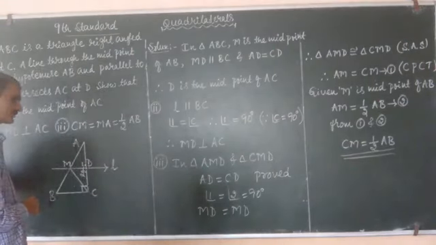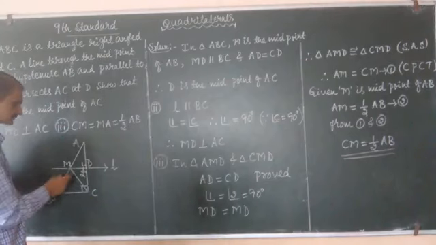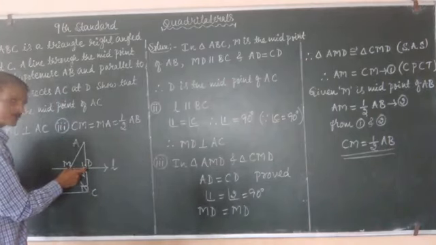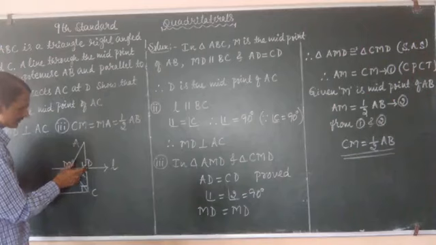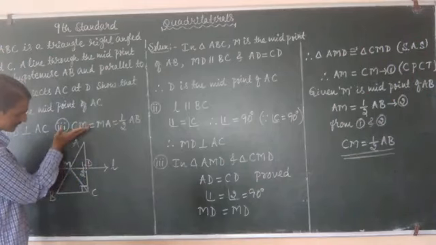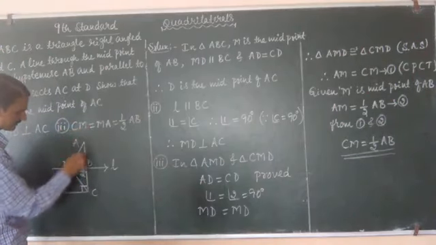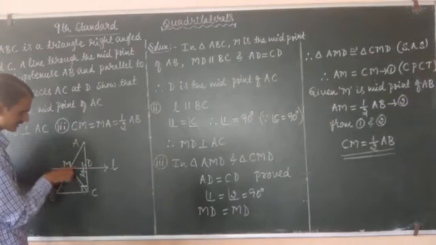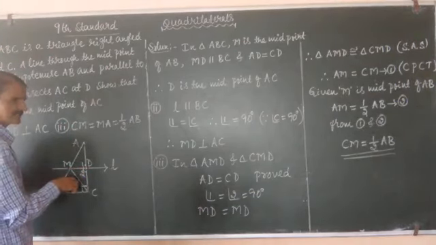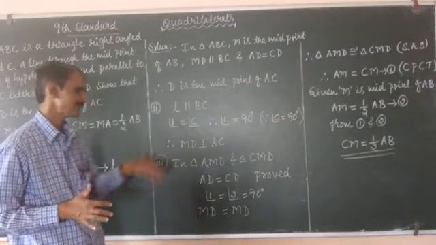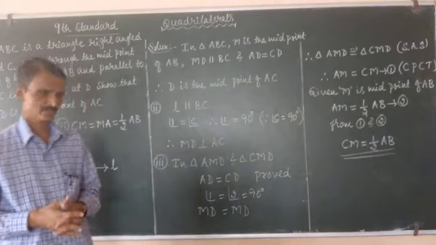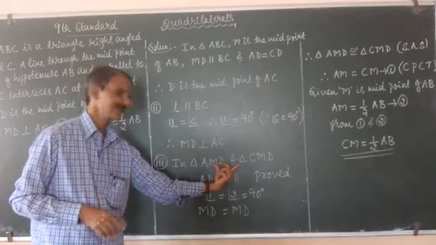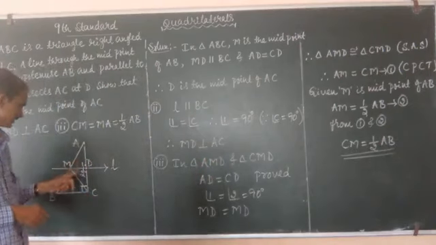Also we know that MD is a common side. MD is common for triangle AMD, and also for triangle CMD. Therefore, by the SAS axiom, these two triangles are congruent.